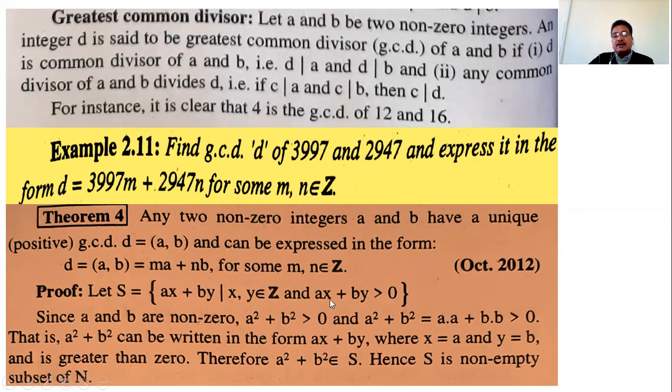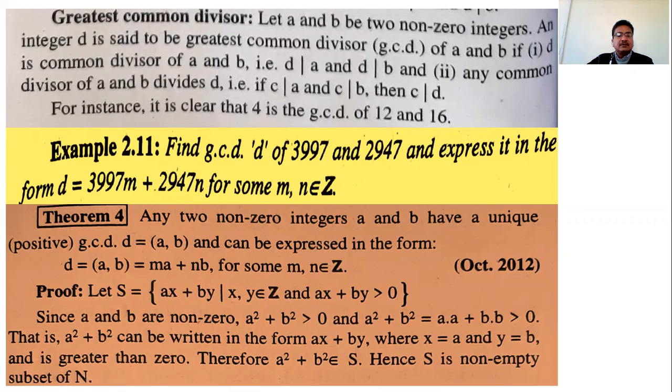Because of the condition that ax plus by is greater than 0, S is a subset of the natural numbers, the set containing 1, 2, 3, 4, 5, 6 up to infinity. Some of these elements exist in S, so S is a subset of N, the set of natural numbers.